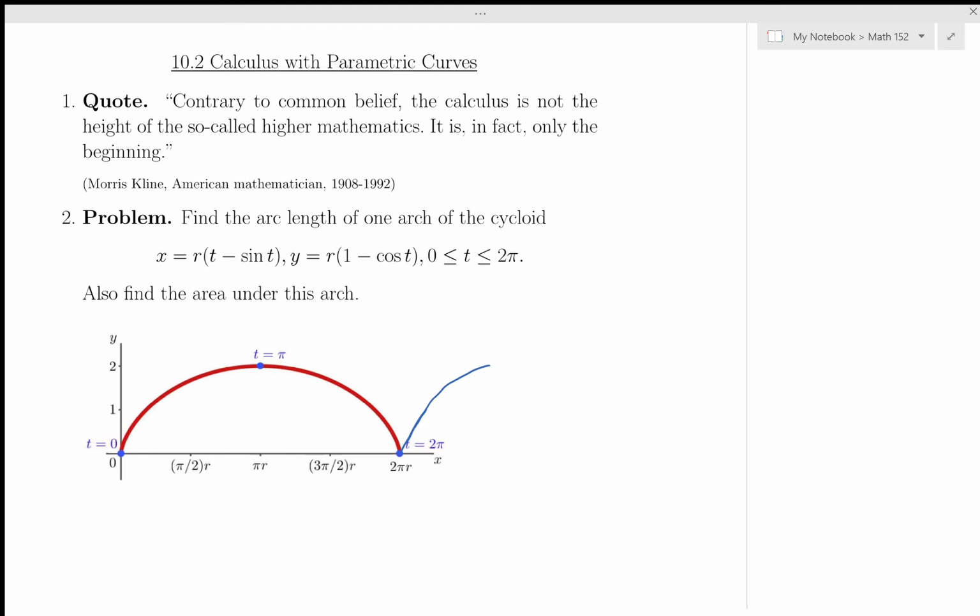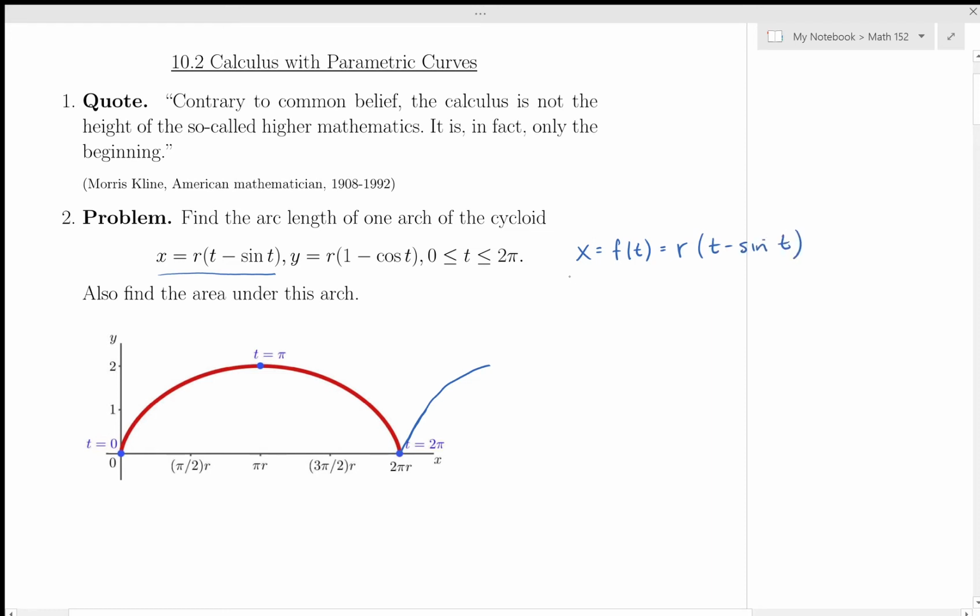We are going to label things in a very specific way. We're going to label the equation that defines the x coordinate as f of t. So x is some function of t, which we're going to label f of t consistently throughout, which in this case for the cycloid is r times (t minus sine of t).